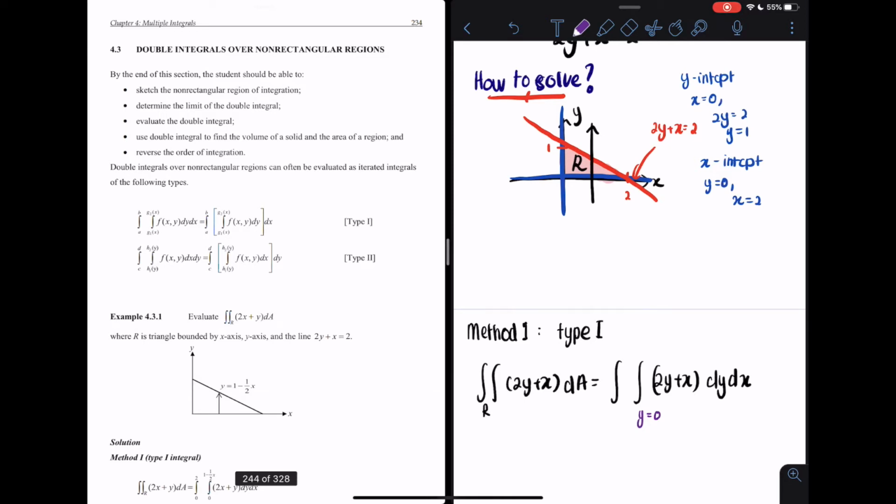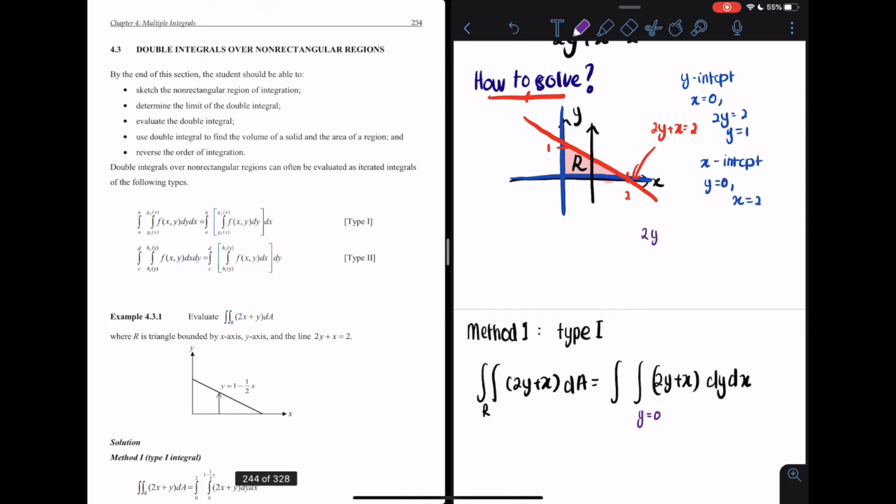And this red line is given in terms of the equation 2y plus x is equal to 2. What should I do with this equation? I should always remember in my mind that the upper limit of the first integral also belongs to variable y. Therefore, y should be the subject of your equation.